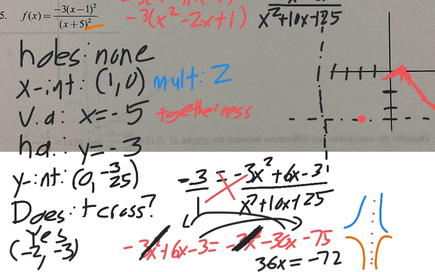Now what do I know? At -2 I have to cross this horizontal asymptote. So I'm going to go somewhere here. Does it ever cross it again? No. So as I approach the vertical asymptote, it's going to go down like that.